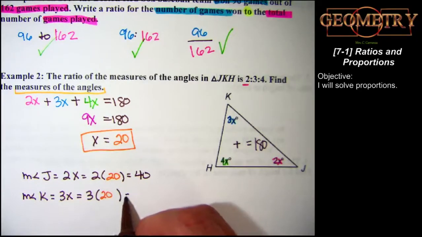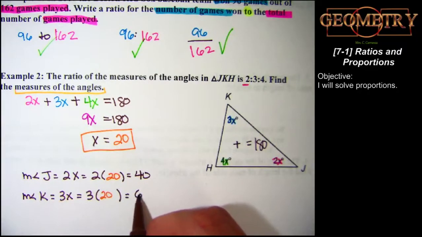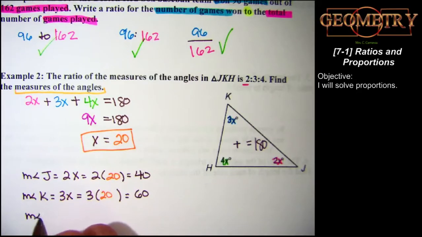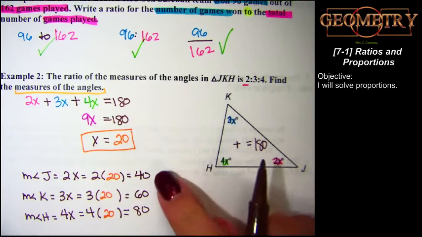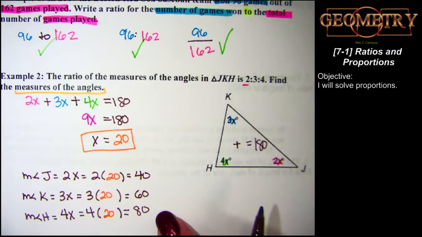And so the measure of angle K is? The measure of angle H was given to me as 4 times x, but the value of x is? And so the measure of angle H is 80. And if I add these 3 up, do I get 180?